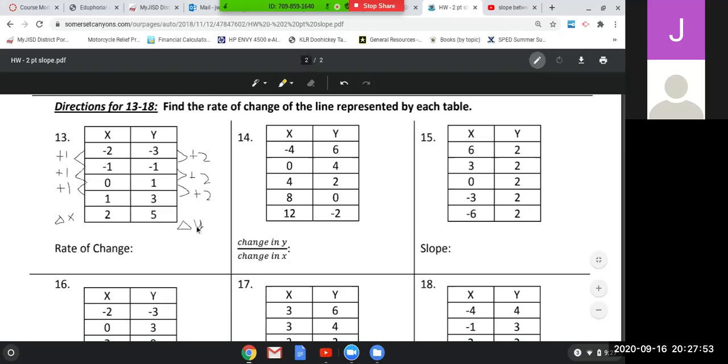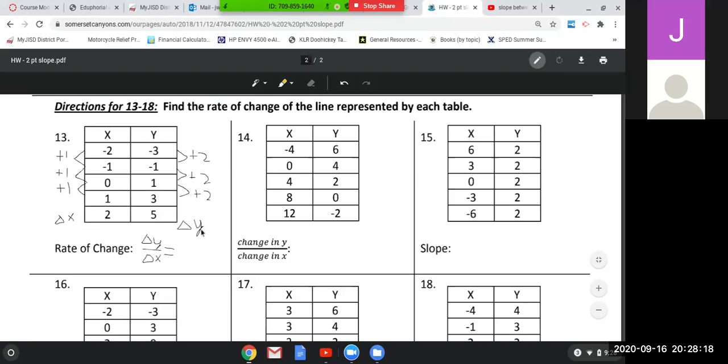So if I just remember that rate of change or slope, whatever we'll call it, they're all the same thing, is just delta y divided by delta x, I can remember that, then I just plug those numbers in.